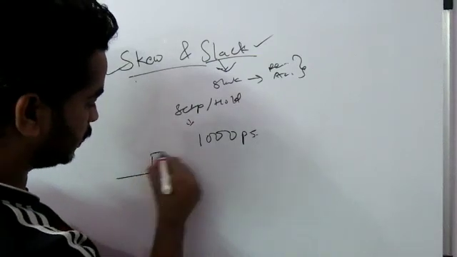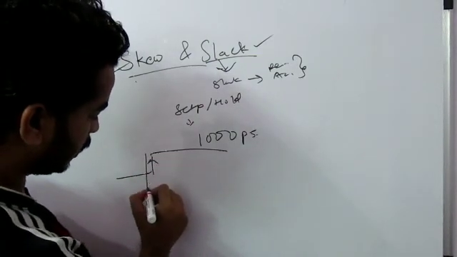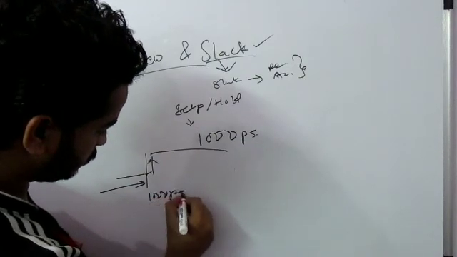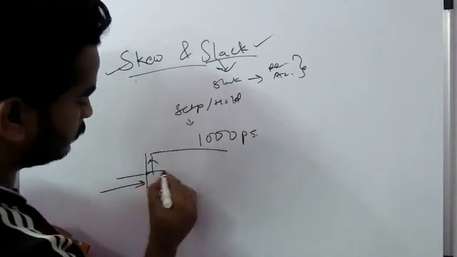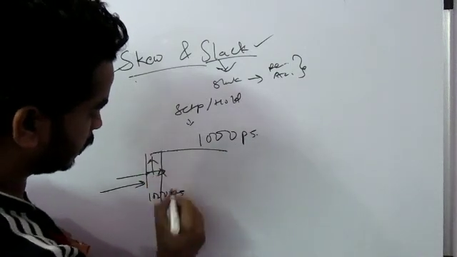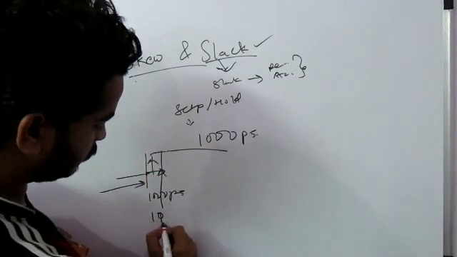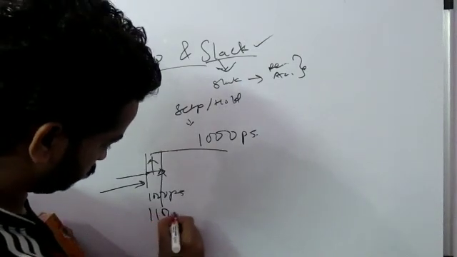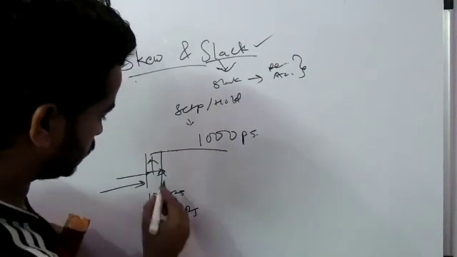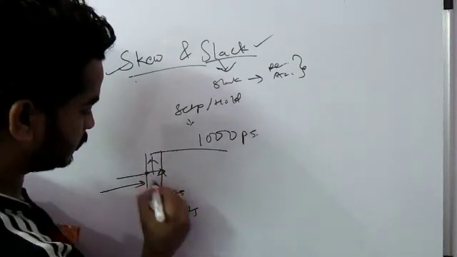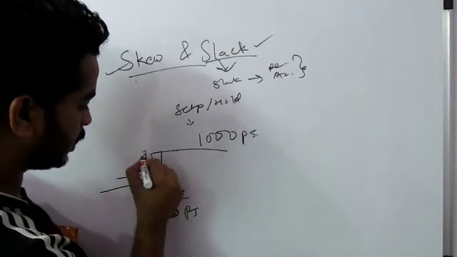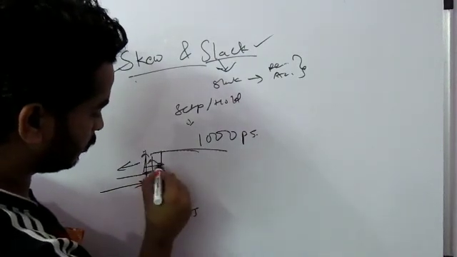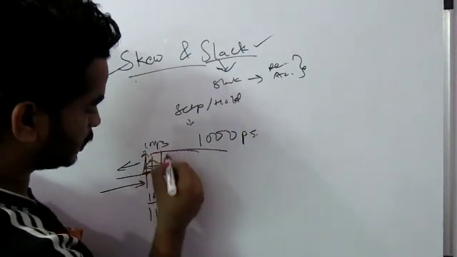That is, data should arrive at this point, at 1000 picoseconds. And if the data arrives after this point, suppose at 1100 picoseconds, the data should have arrived before this one, but it arrived after this time, by about 100 picoseconds.